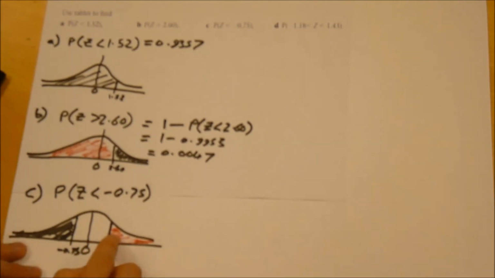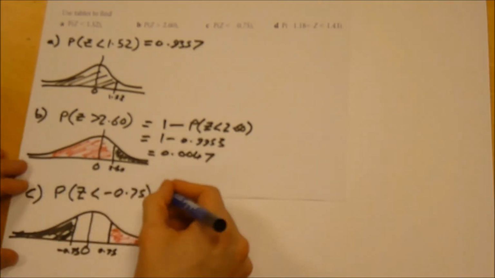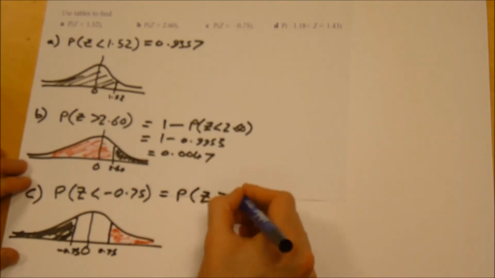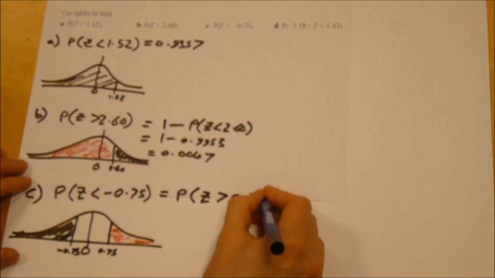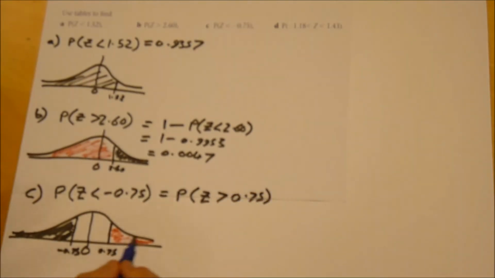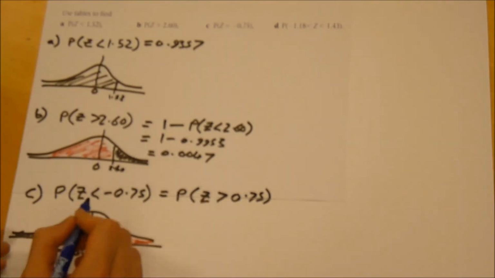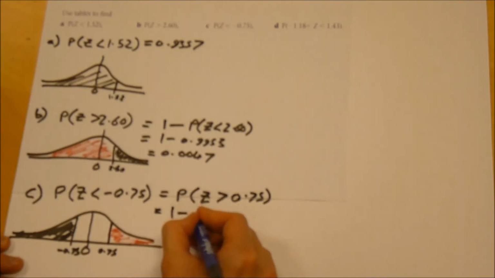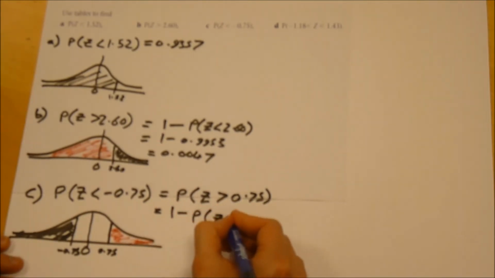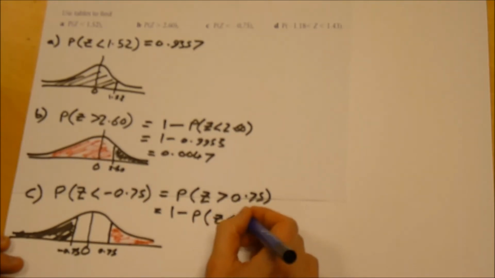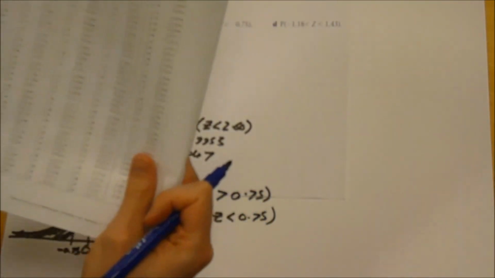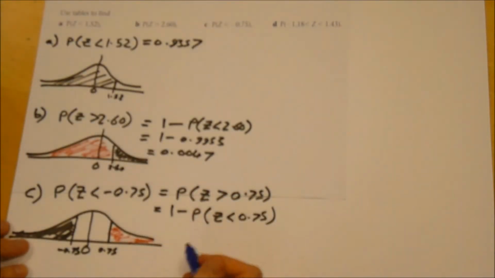Now obviously, using my shading, this is equal to the probability that Z is greater than 0.75. That's positive 0.75. But thankfully, we've seen in the last example how to deal with the greater than sign. All that really means is 1 minus the probability of Z being less than 0.75.